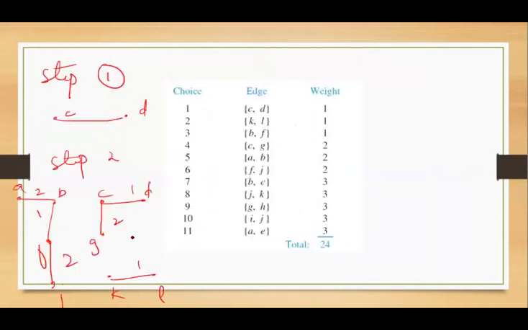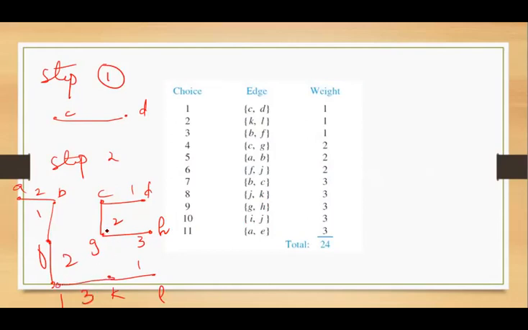If I take GH, let's draw that. GH has the weight 3, and if I take HL, no, I cannot take HL because I am taking JK. Where is your J? J is over here, the weight is 3.